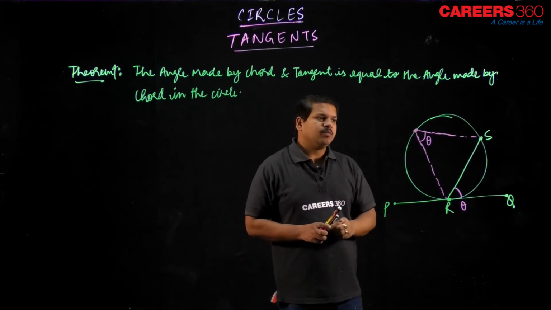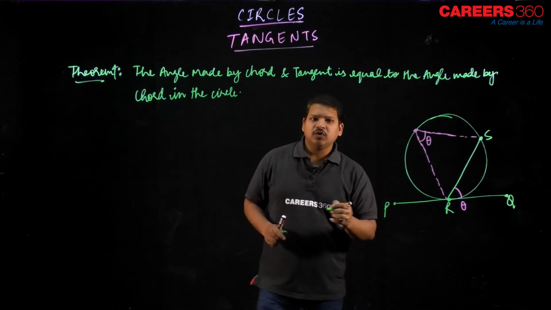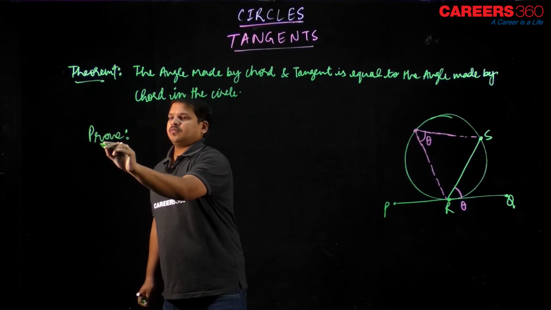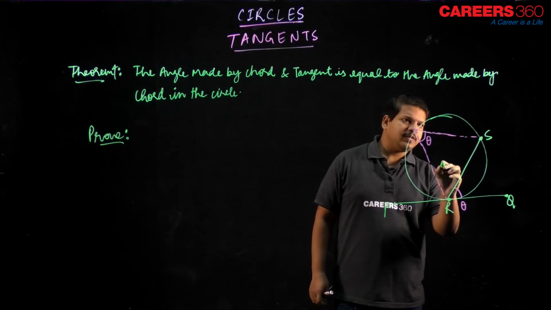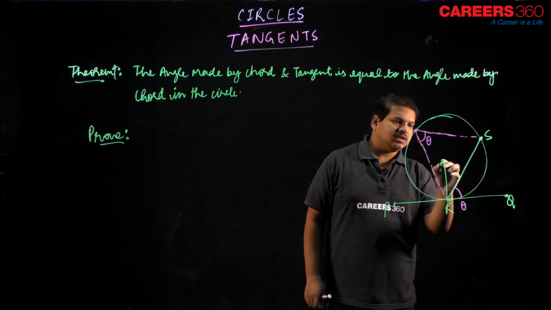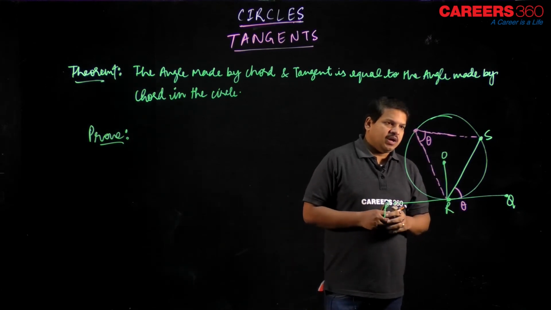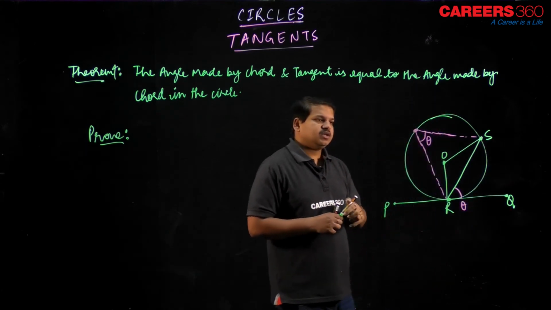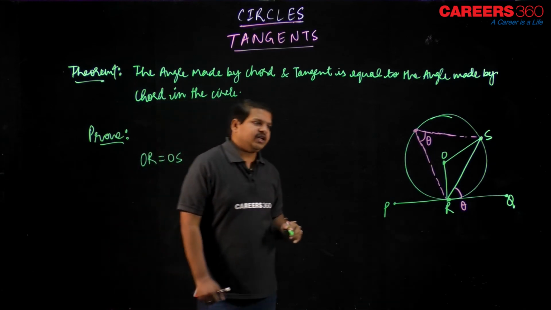So we can easily look upon the proof of this as well. In order to prove that, I am just going to join this; this is my center, right? And let's join this as well. So I can see OR is equal to OS, that I know.